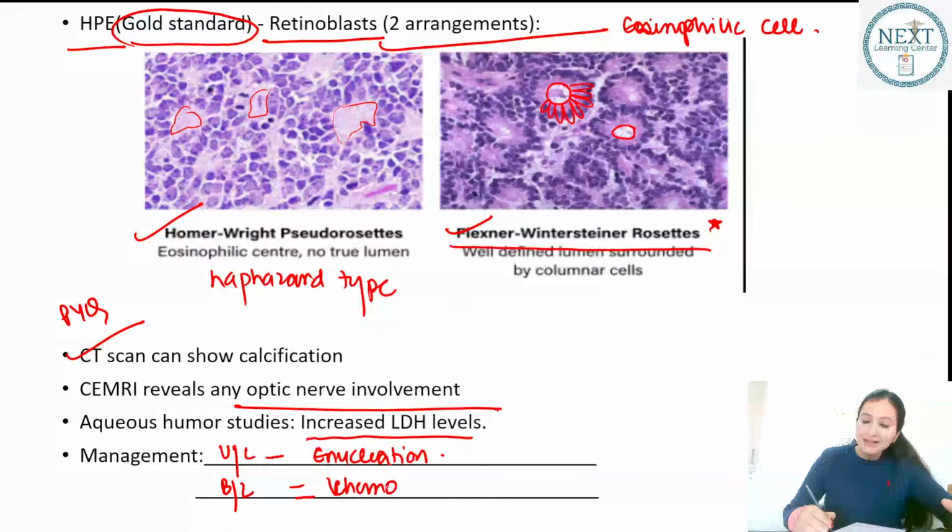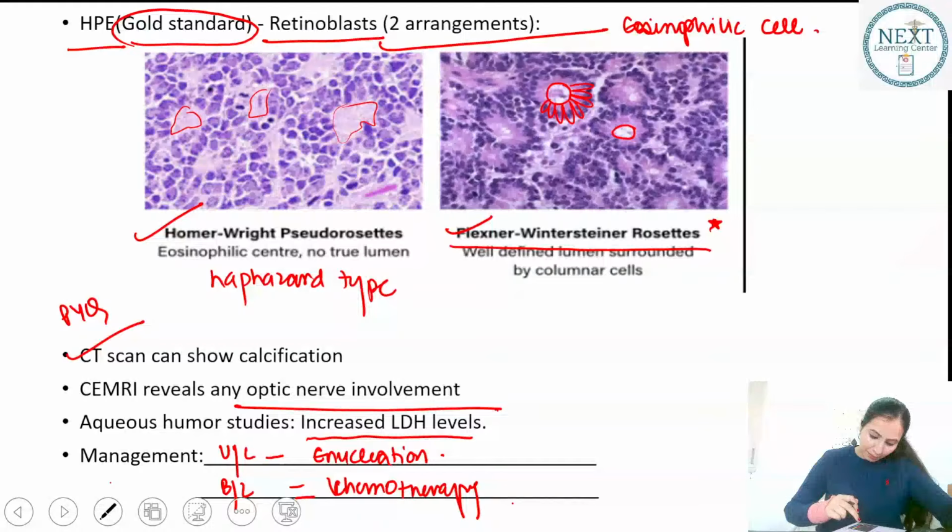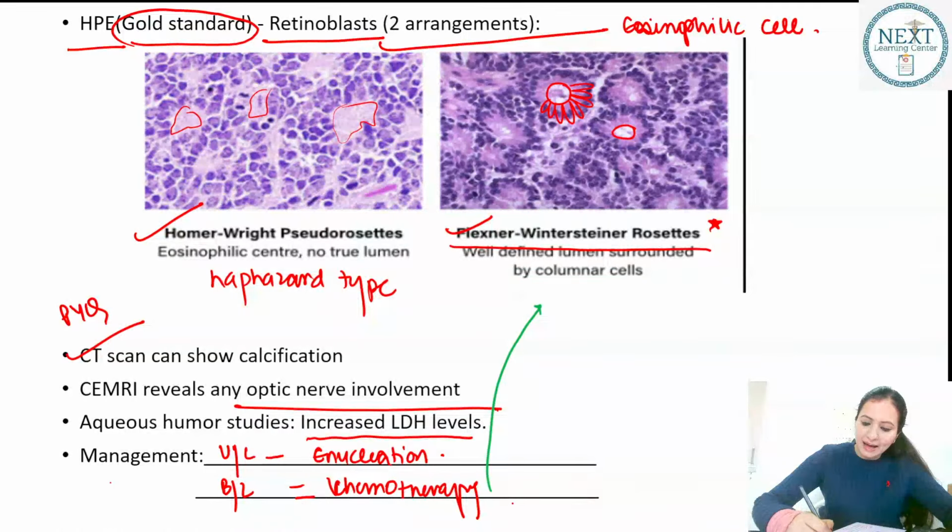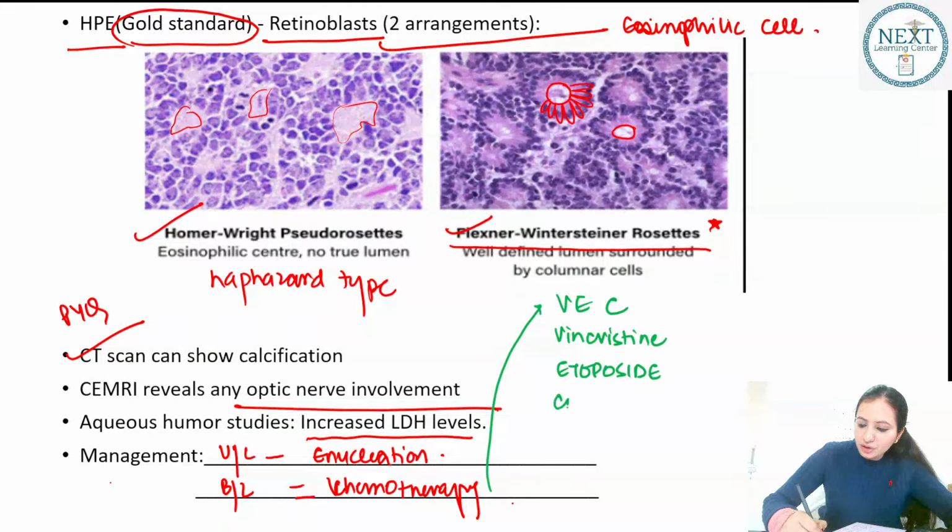What are the drugs that you give in chemotherapy? Very important previous year question in the exam. That is VEC chemotherapy. V stands for vincristine, E stands for etoposide, and C refers to carboplatin.